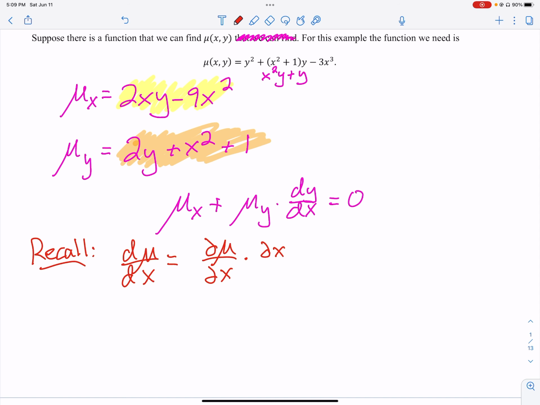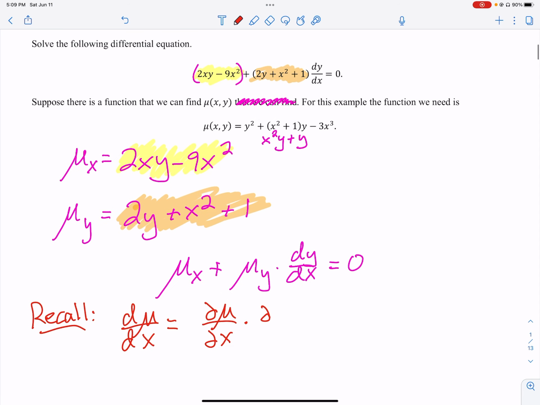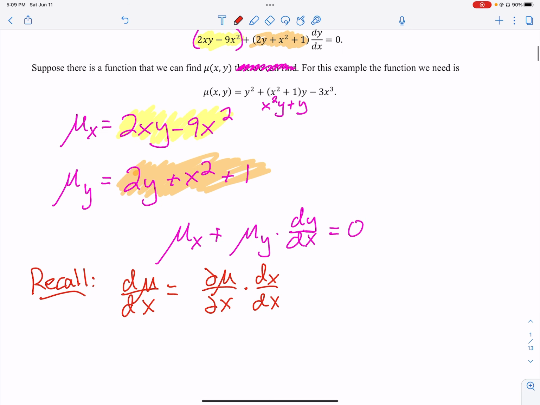Forgive me. So this is dx over dx plus, and then we take the partial of mu with respect to y, and then we have dy dx. This is the chain rule from Calc 3.